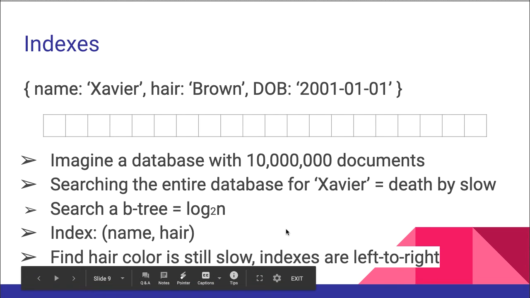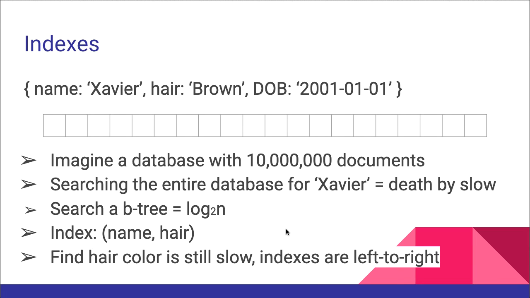It doesn't matter if you have zip code and then income level by zip code. It doesn't help you find a range of income levels by itself. You still are going to have to look through the entire database unless you create a new index just on income level.